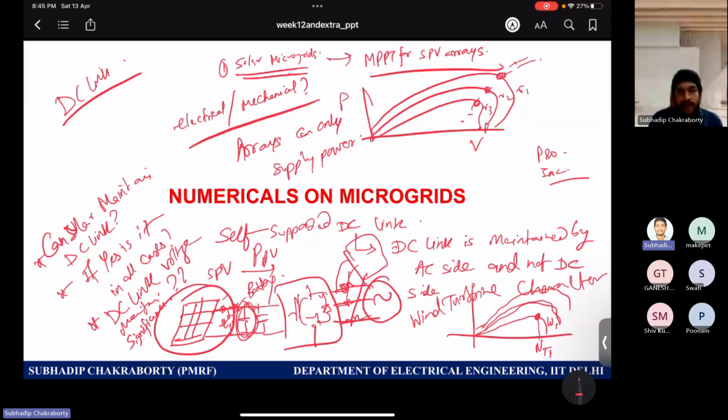So what you do is have some arrangements in the generator to generate torque. What kind of torque will the generator generate? For a generator, the mechanical torque is positive and the electrical torque is negative. Remember, for a generator, mechanical torque is positive because the prime mover is rotating the generator, and the electrical torque opposes it.